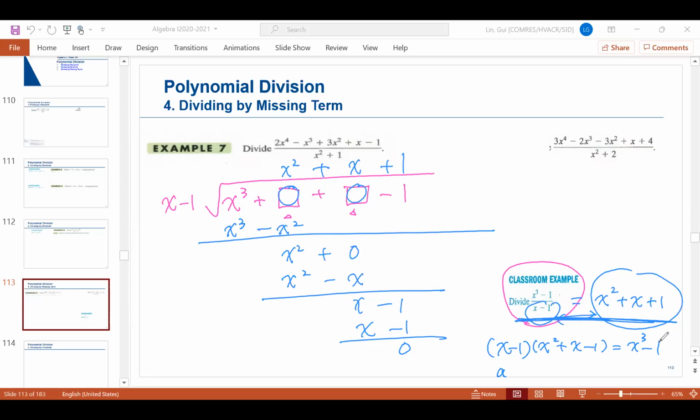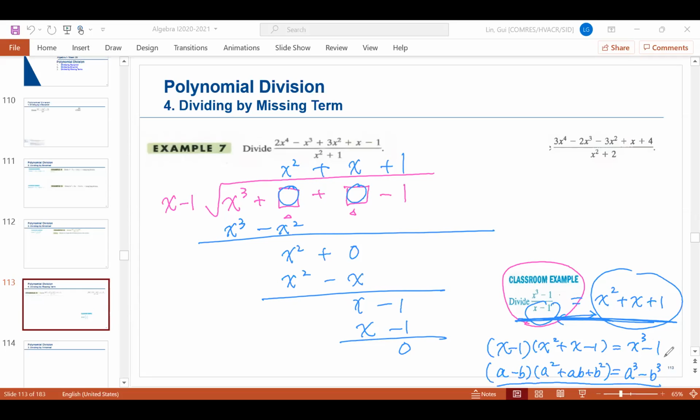Yeah, just like remember this one: a minus b, times a squared plus ab plus b squared, is equal to what? a cubed minus b cubed, right? So x is a, b is 1, right? You match up here, so you finally get these similar results.